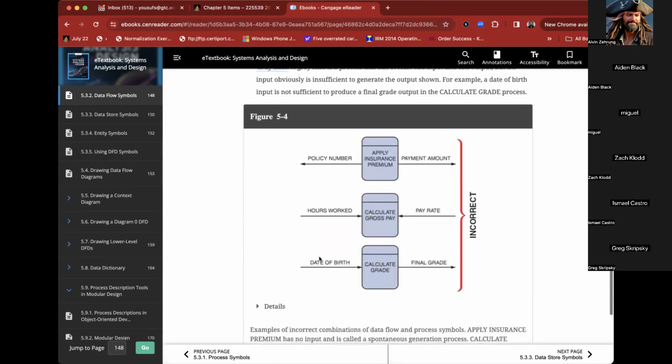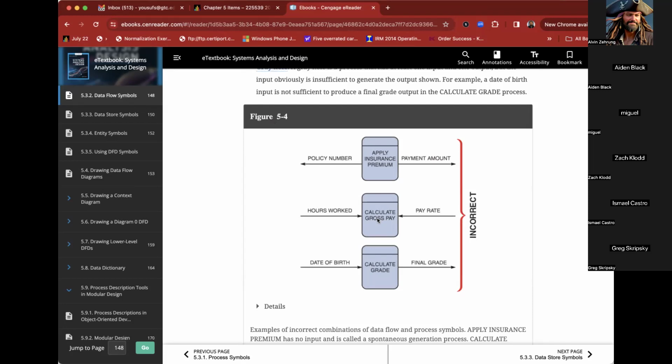So these are what is being talked about here. Apply insurance. Only the outputs are coming out. We have no idea where in the world the input is coming from that it is generating so many outputs. That's spontaneous magic. Second one, calculate growth space, like a black hole, only accepting input, but that data is going nowhere.